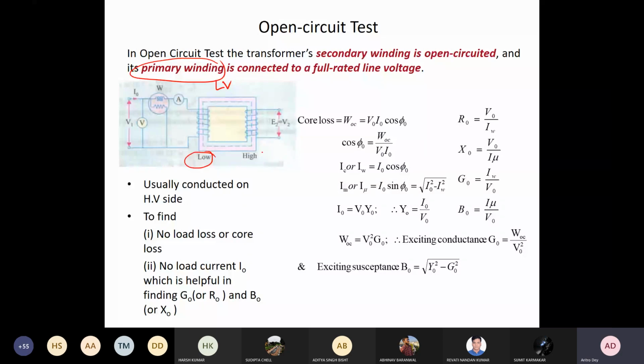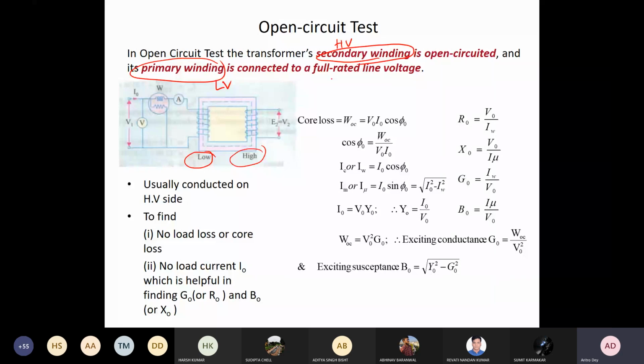This is not the proper term, secondary, because secondary can change. If you want to step down, then this concept will go just the other way around. So this is a relative word; better we clearly mention why it is happening on the LV side and why it is happening on the HV side.